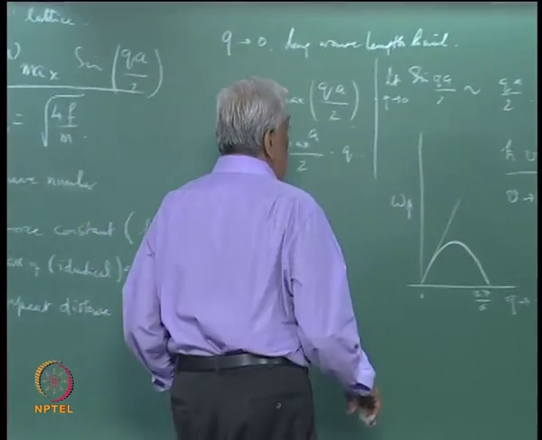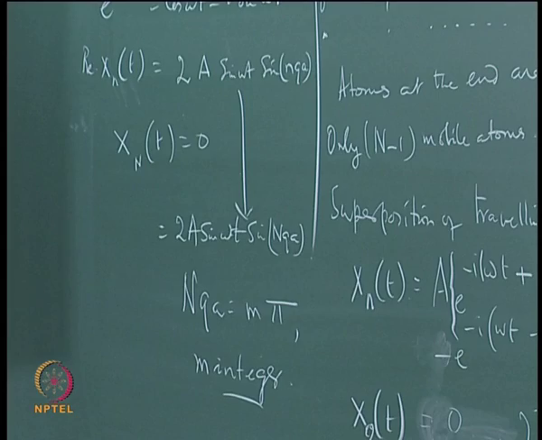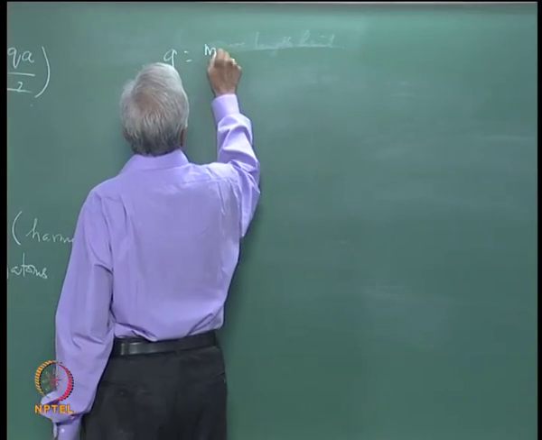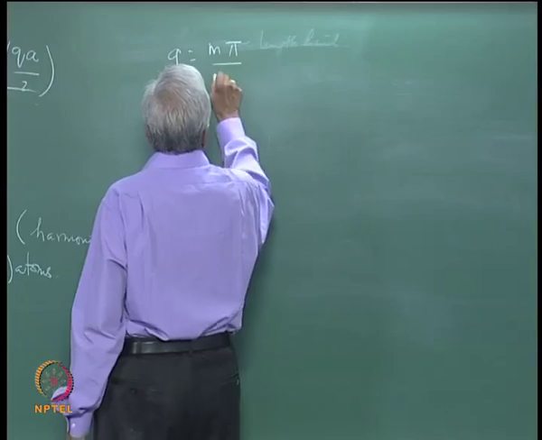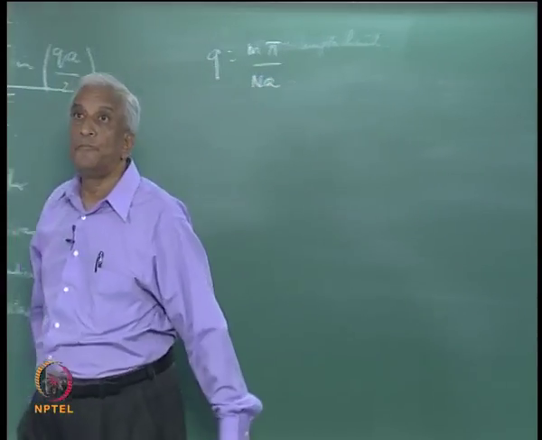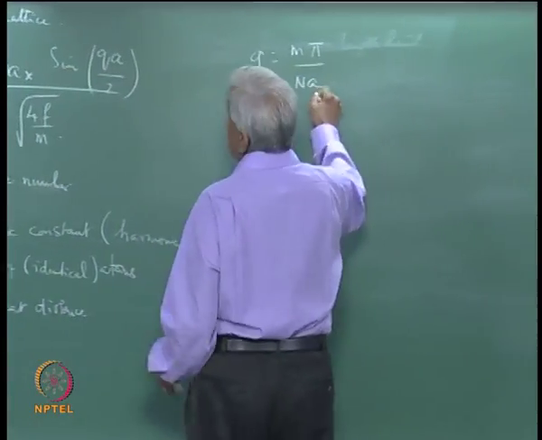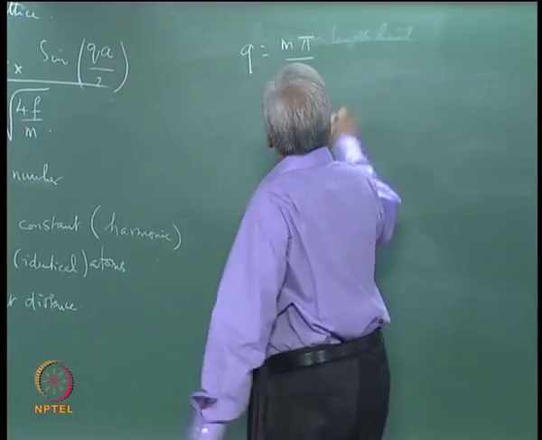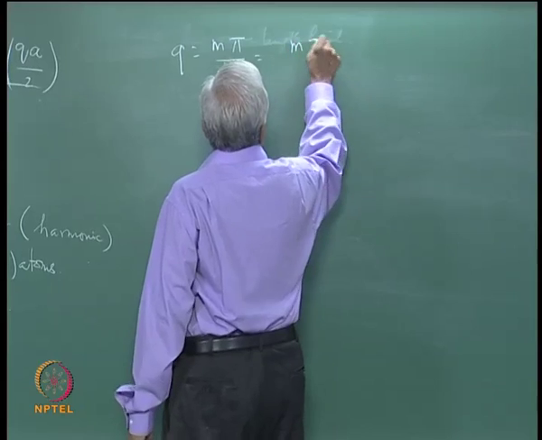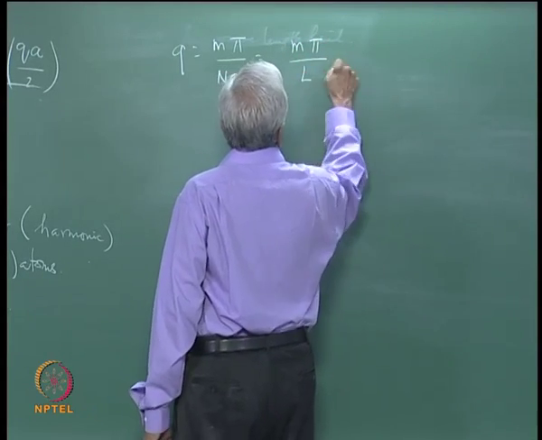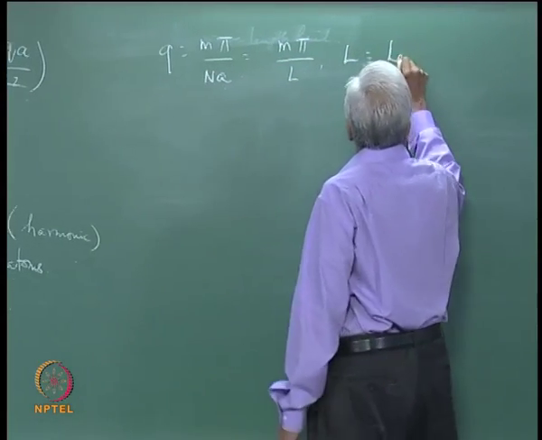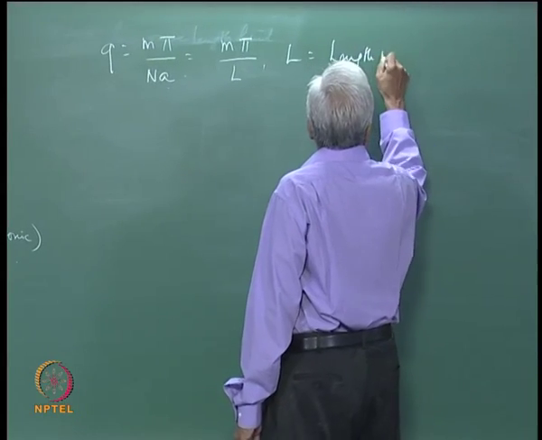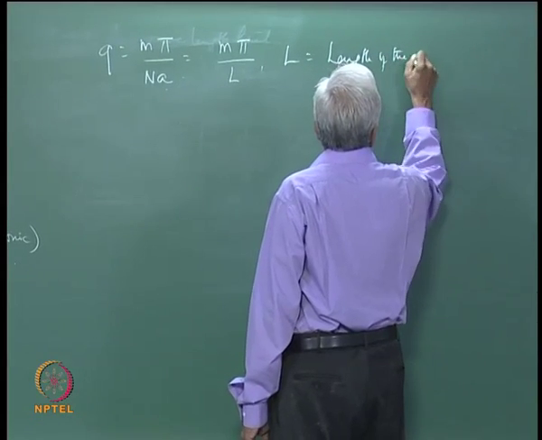So, finally we have q equal to m pi by n a, which we can write. n a is the total length of the chain, there are n atoms each a apart. So, this is nothing but m pi by L, where L is the length of the chain of atoms.